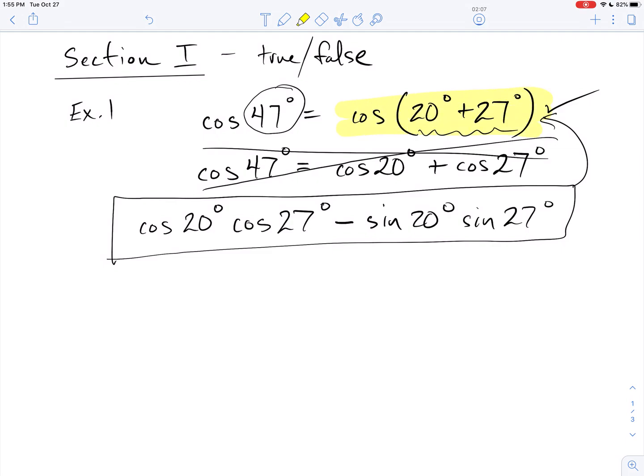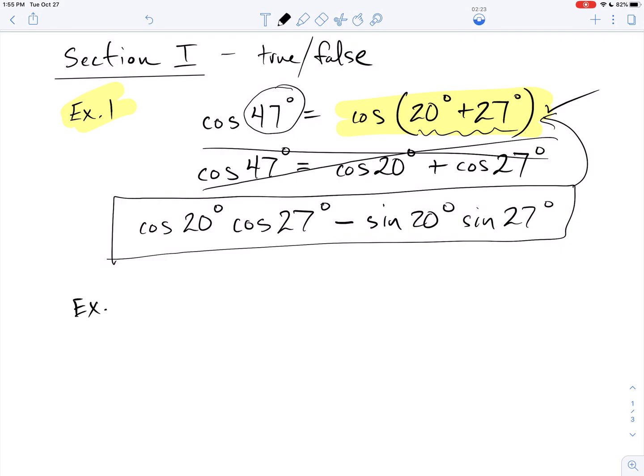So in that section, you're going to run into some stuff, and guess what? It's going to be true-false information. So I took this one example and turned it into basically three examples.